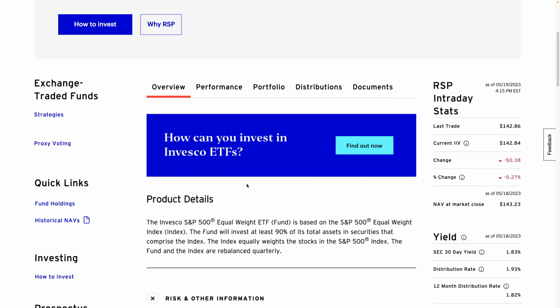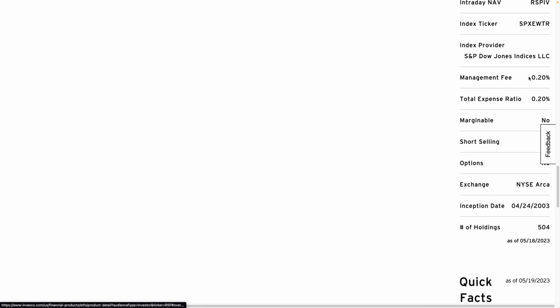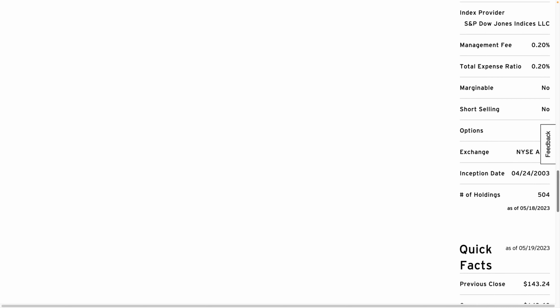The next one I want to look at is the Invesco S&P 500 Equal Weight ETF. Now this one's been around for a while, but it hasn't really taken off. This one has a 0.20% expense ratio, so about 7 times more expensive than the Vanguard fund, and it has 504 holdings also, except this one is rebalanced quarterly instead of every year.